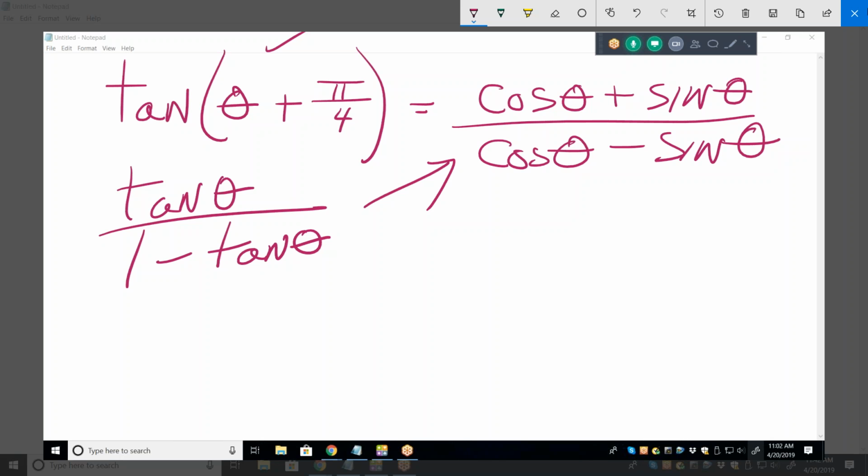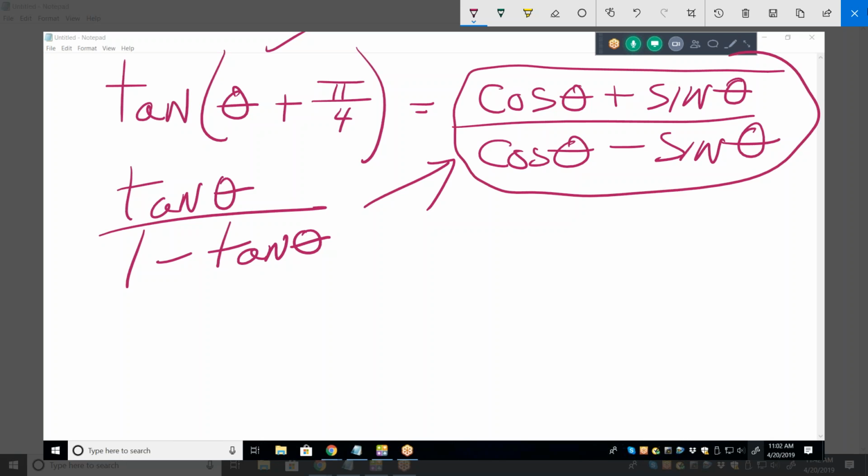The right side has two terms in the denominator, just like the left side, only it's also got two terms in the numerator. So it's clearly the more complicated side. So let's work with this side and see if we can turn it into this. Doesn't matter really which way you go. Usually they put the more complicated side on the left.